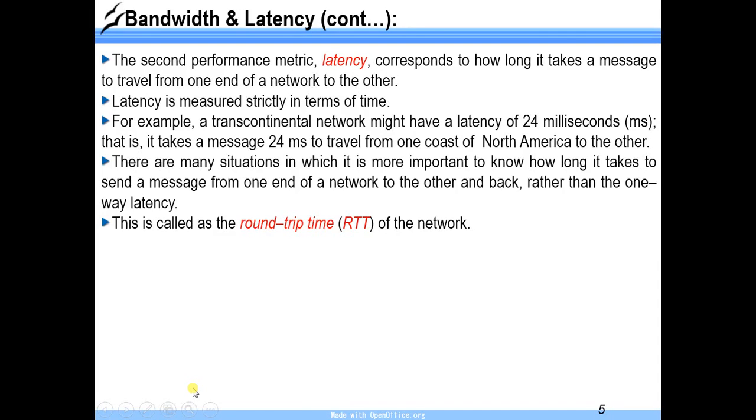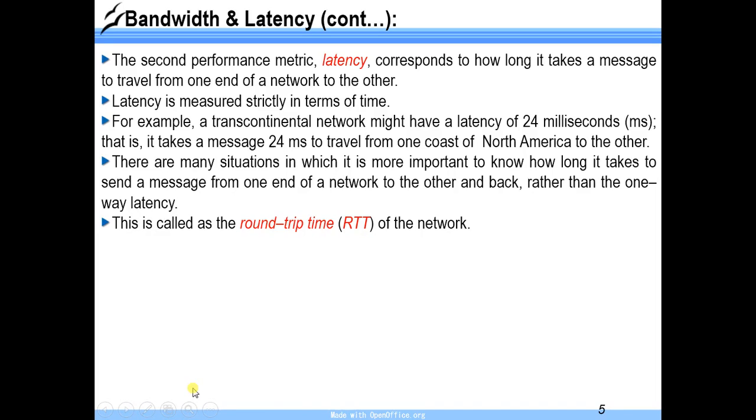Latency is a measure of how long it takes for a message to travel from one end of a network to the other. Latency is strictly measured in terms of time, whereas bandwidth can be measured in hertz, or as the width of a pulse of data on a 1 Mbps link.